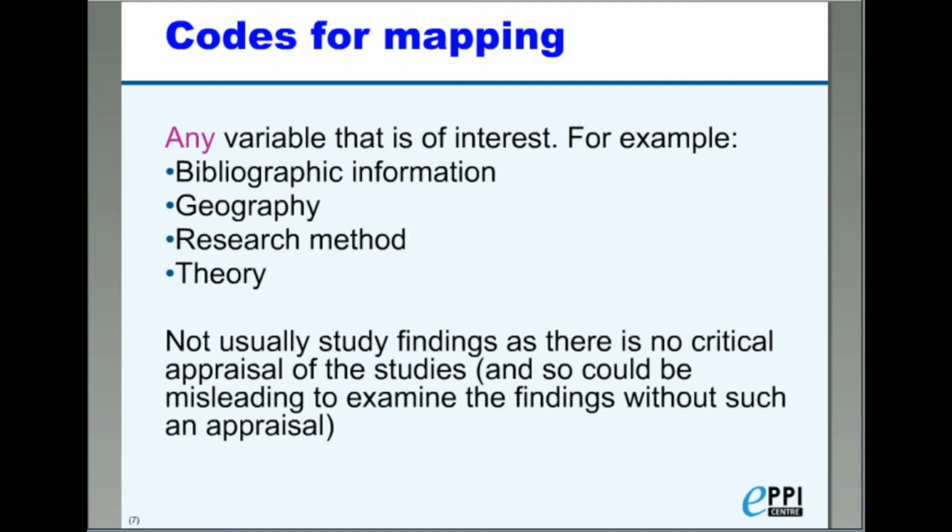It could be bibliographic information, it could be geography where the studies have been undertaken. It could be the research method used. It could be the extent they've used theory or the nature of the theory they've used. It's totally up to yourselves as reviewers as to what you want to map.